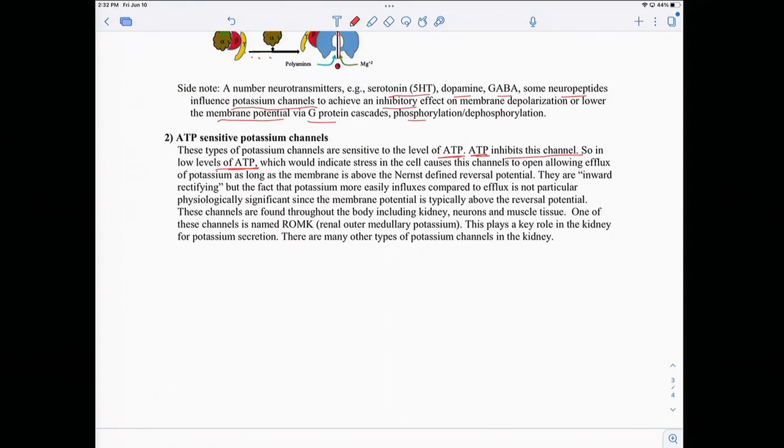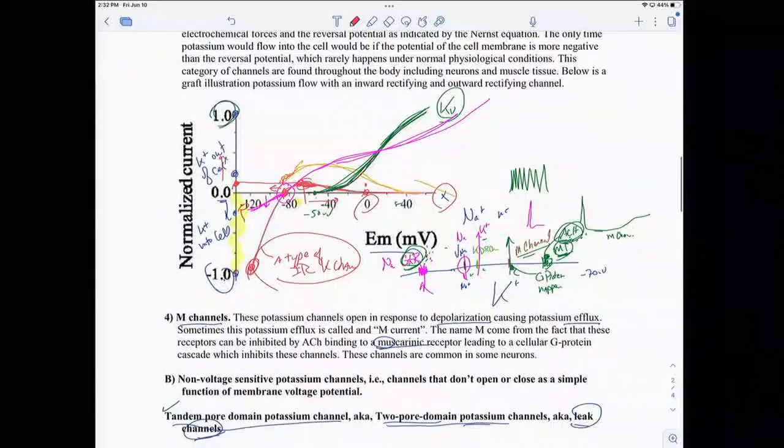Of course, as long as the membrane is above the Nernst value, it's going to be flowing out. These are considered inward rectifying channels. Even though it doesn't have inward rectifying in the name, if you were to go through and do the profile and characterize this like we did up here, it's going to show that it's much easier for potassium to go in than it is to leave.